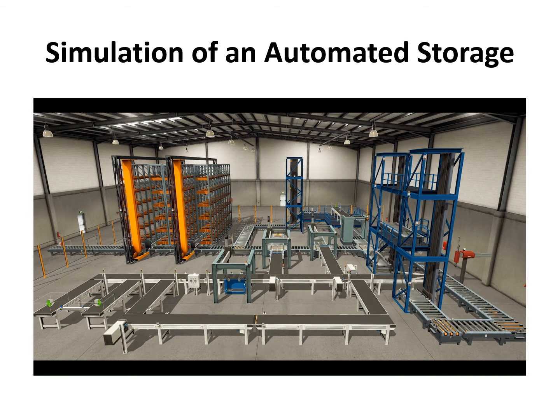This is automated storage. This is a storage system here. And we have these conveyor belts. Again, the simulation. Lots of sensors and actuators are involved. Stoppers stop these parts based on the PLC command.